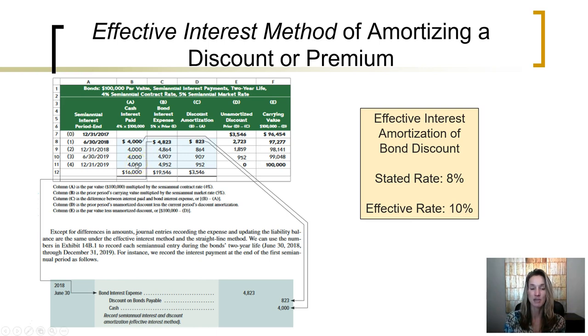Cash actually paid to the bondholders, still only $4,000 based on the contracted interest rate. Discount amortization of $952, bringing the discount unamortized down to $0, and the carrying value of the bonds up to $100,000. The discount has been amortized and spread out over those 4 interest payments.